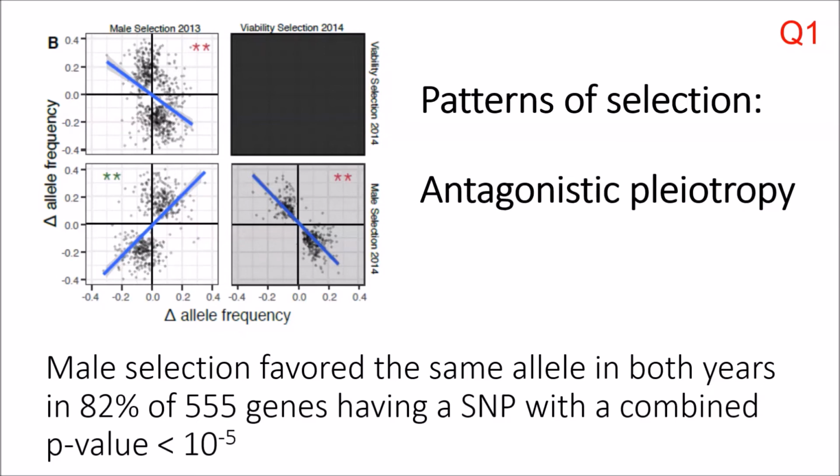If it is true that siring success is related to how many male gametes you're producing, and that's related to flower size and the number of flowers, we expect those alleles to be favored by male selection, but certainly disfavored by viability selection because they tend to have an effect of slowing you down. It might make it much less likely that you even make it to flower in the following year. So this negative trade-off here is an example of antagonistic pleiotropy at the scale of individual SNPs.